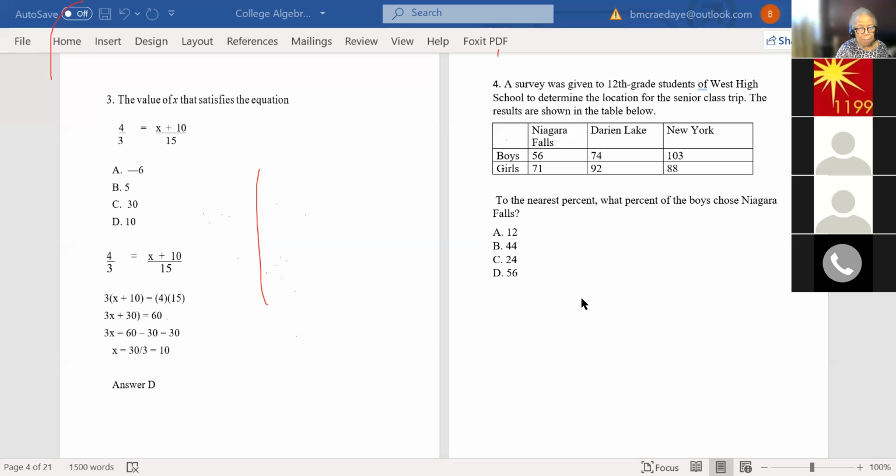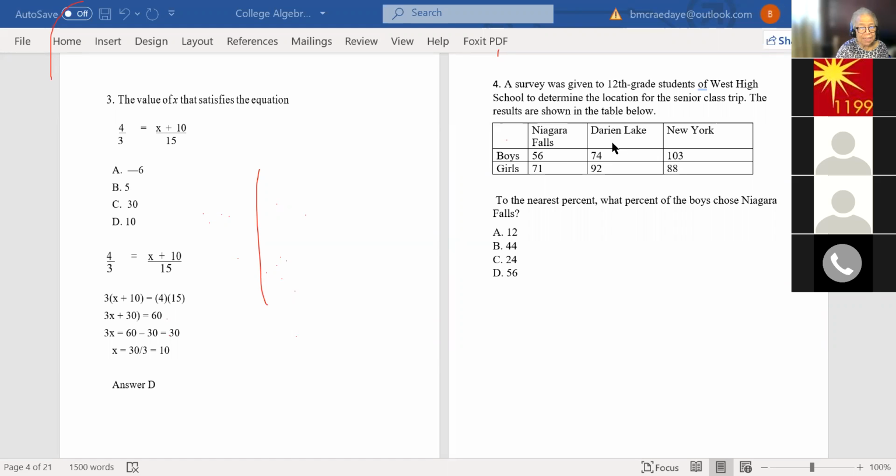Barbara, could you repeat that again? Yeah, from the beginning. I said you're trying to find the percent of the boys that chose Niagara Falls. There are 3 choices for the senior trip: Niagara Falls, Darien Lake, and New York. 56 of the boys chose Niagara Falls, but the sum of all the boys for the 3 places is 56, 74, 103.